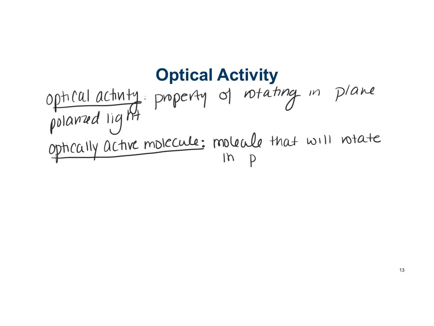And if it rotates in plane polarized light, it's just one enantiomer or the other. Okay. Now, why is this important?